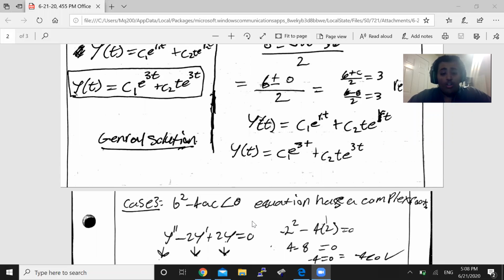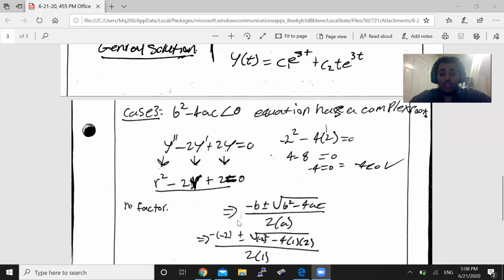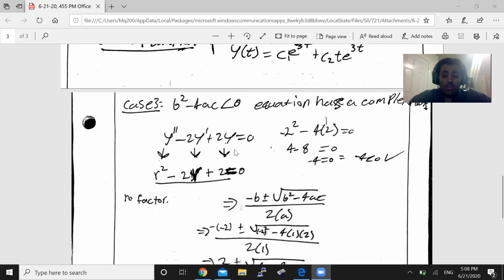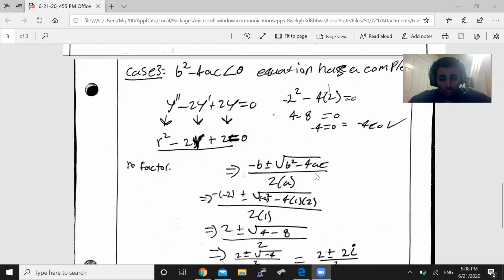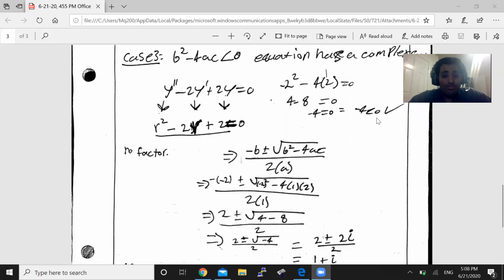Now I'm going to go to the third case, which is a little bit more complex, but not really hard. You get complex roots. My equation was y double prime minus 2y prime plus 2y equals 0. Unfortunately, I couldn't factor it here. I don't think it's possible to factor it using the methods I've used before. So I had to use the quadratic formula. I also checked, and that's how you check for complex roots, with b squared minus 4ac, and it's less than 0.